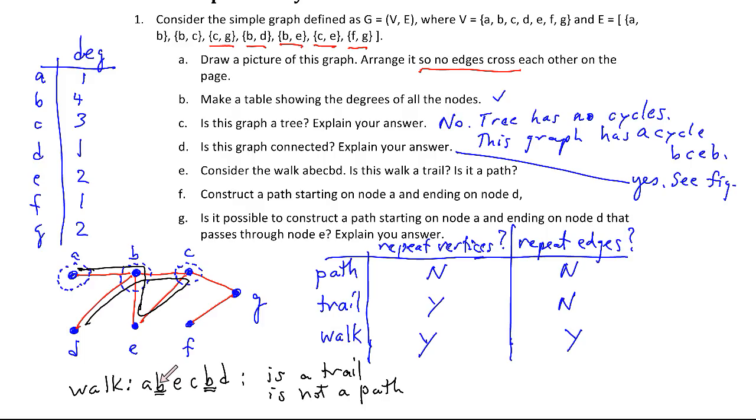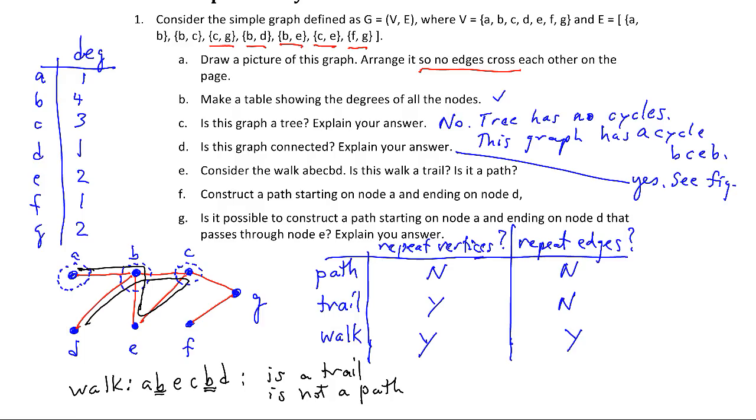Here we have A, B. We never have A and B next to each other. Here we have B, E, then E, C, C, B, and B, D. So we're done with that part. Is it a trail? Yes. Is it a path? No.